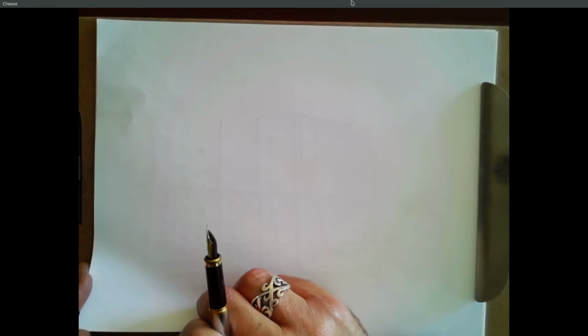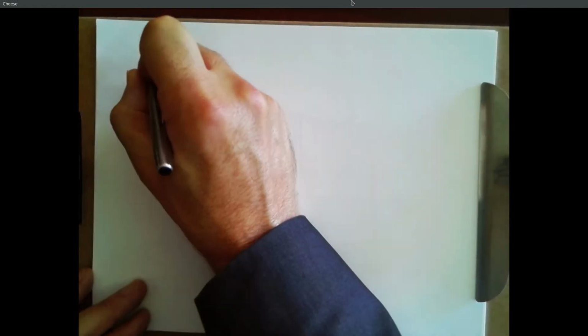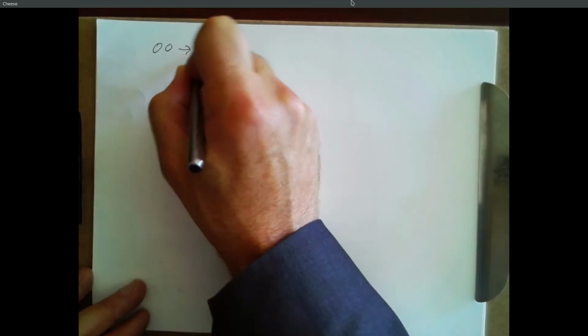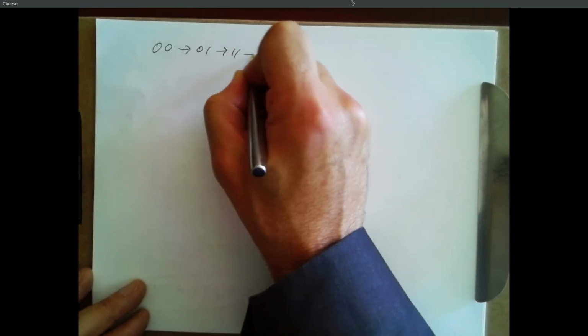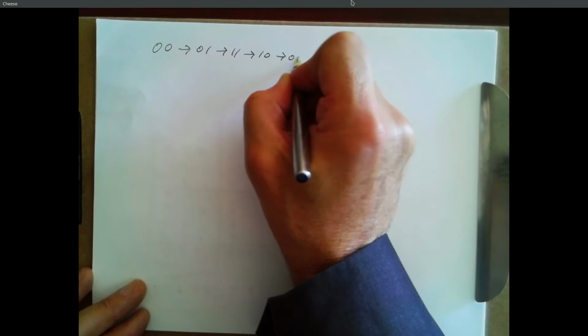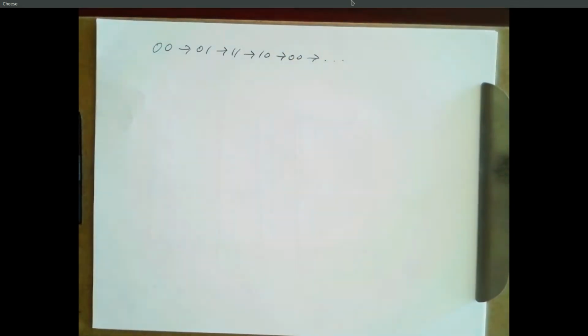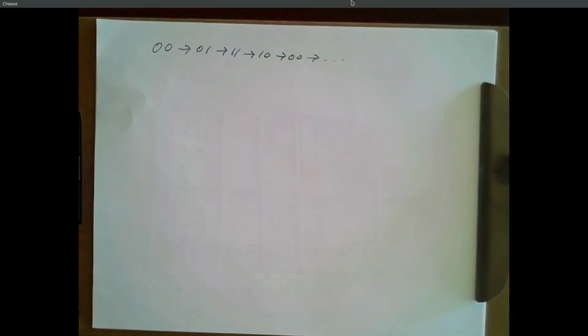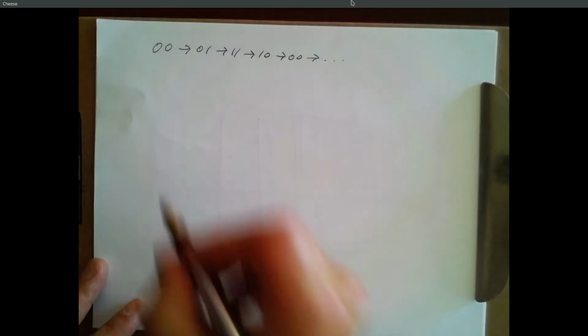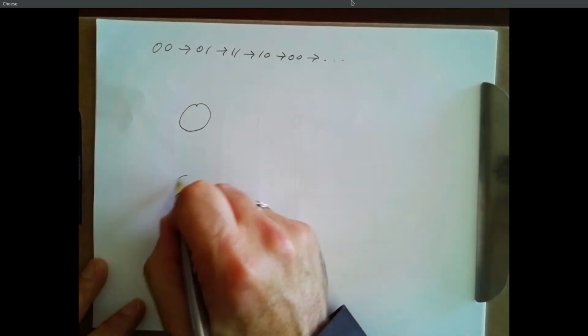You want to do a gray code counter? Yeah, sure. Okay, so let's do a 2-bit gray code counter. So we want to go like this. We want to count in that sequence so that only 1 bit changes at a time. So, handful of states.